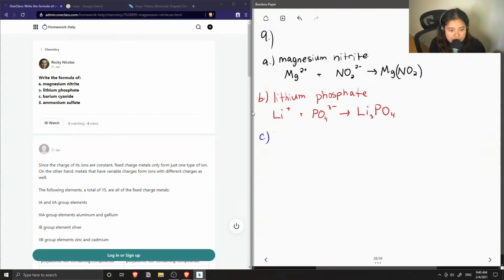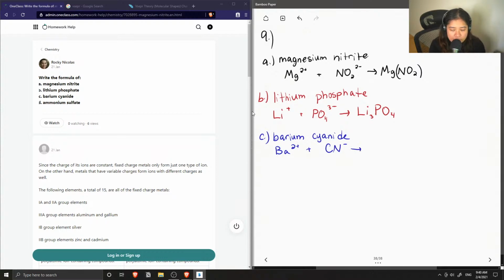Okay, so C, we have barium cyanide. Barium is a group 2 metal, so it has the charge of 2+, and cyanide has the formula CN-.